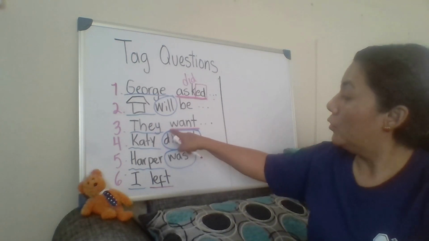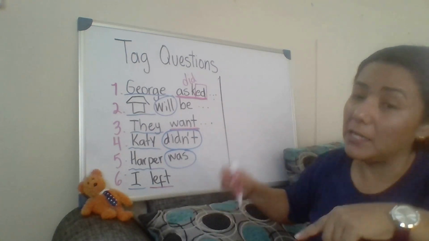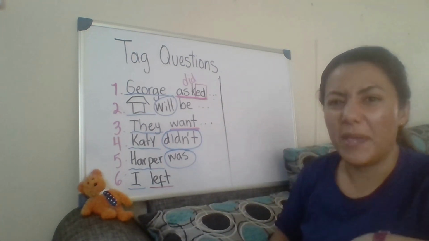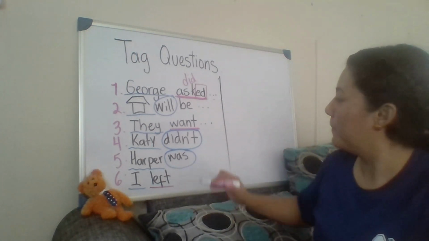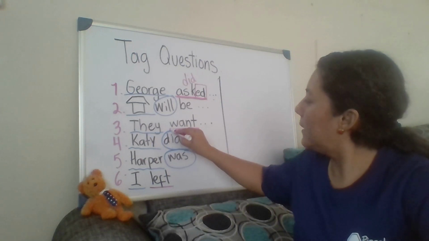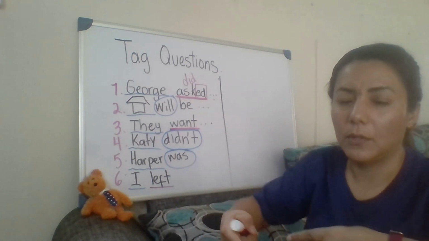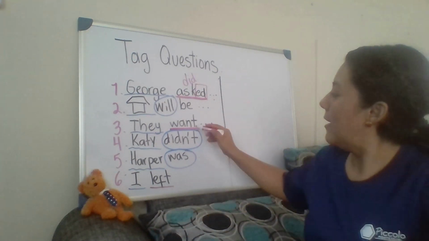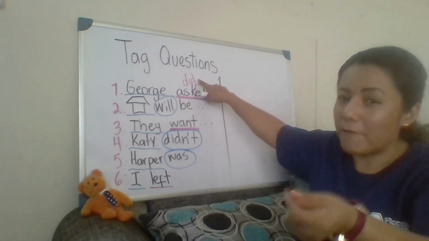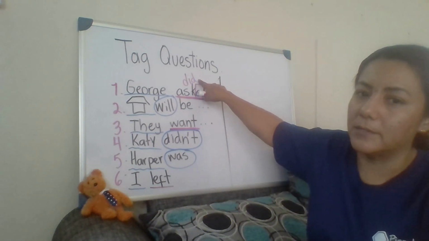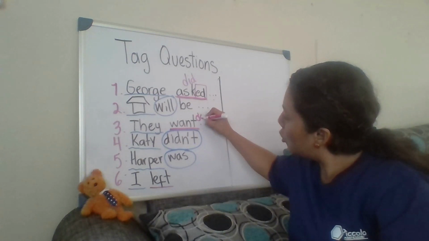Number 3. Do you see a helping verb in number 3? No. But if we analyze the verb, we can identify the helping verb. Two different kinds of verbs. Want. Is want present, past, or future? Present, of course. What is the helping verb for present? Did is a helping verb in past. What is the present? Do. Of course, do.